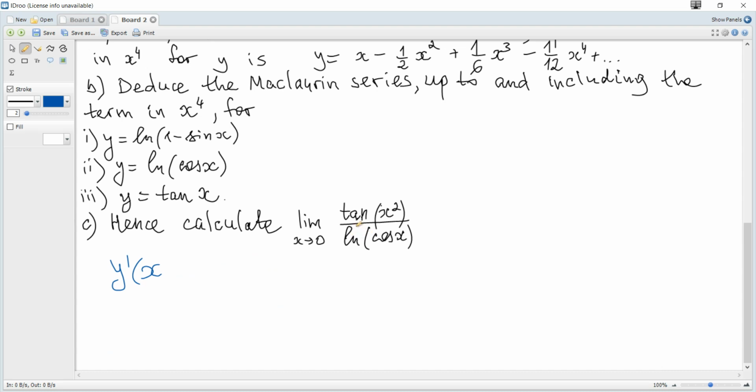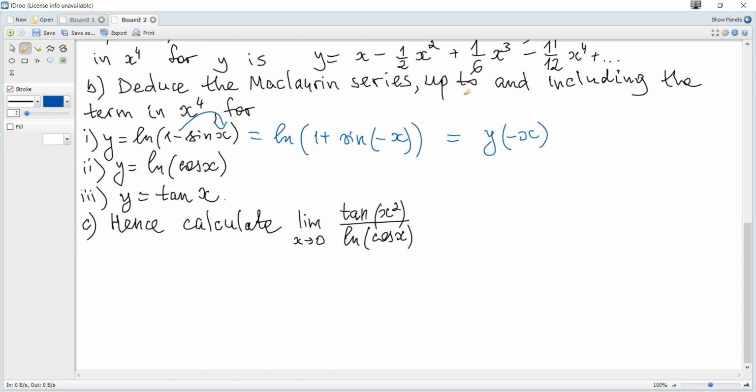And we know that sine is an odd function, and it means that sine of negative x is minus sine of x, and we can move this minus into the argument, and it's ln of 1 plus sine of negative x, and hence it becomes y of negative x.